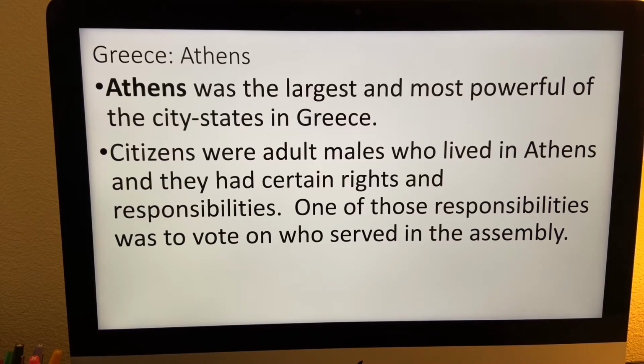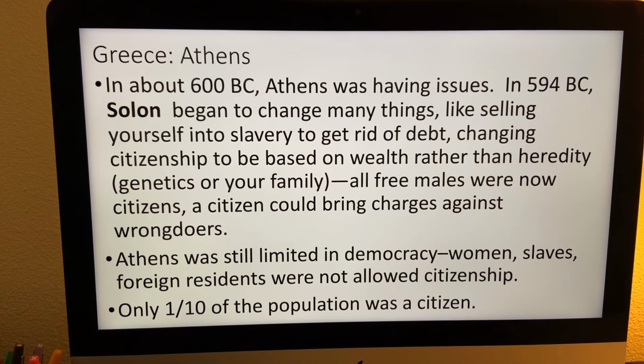Ladies and anybody who would have been a slave, which could have been anybody, by the way, during this time period, were not citizens, so only adult males. So really, none of us were citizens because none of you boys are old enough, and ladies, we're not allowed.